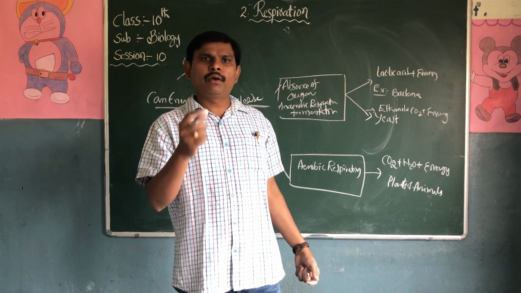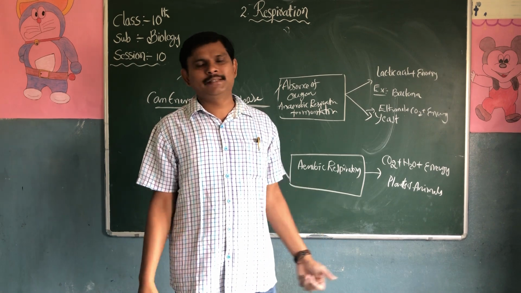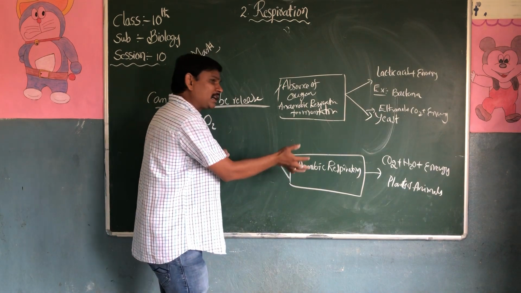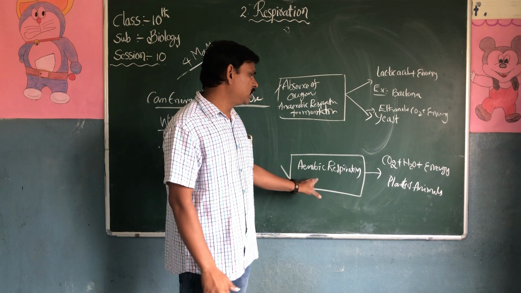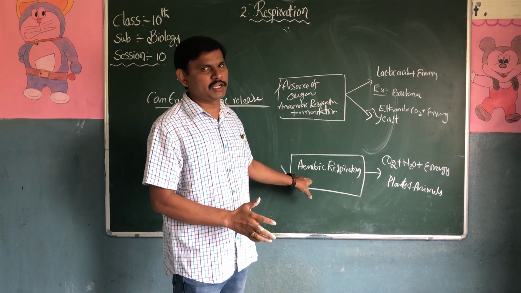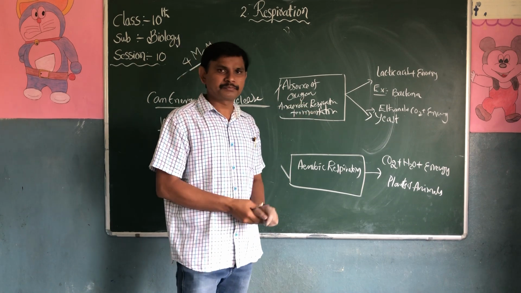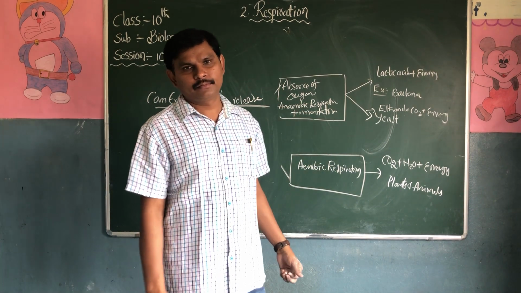If you go for running on the first day, there are so many muscle pains. So what happens? When sufficient oxygen is not supplied to the body, instead of aerobic respiration, anaerobic respiration will take place. Listen carefully. Suddenly you are running 2 or 3 kilometers.